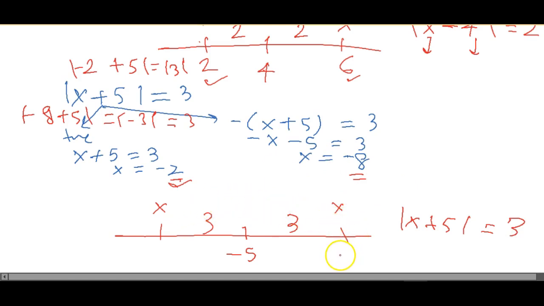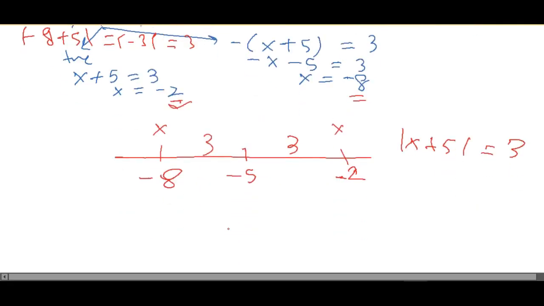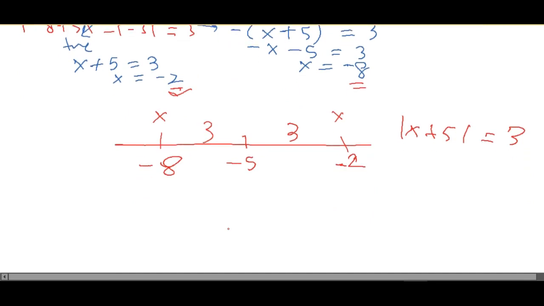When we were talking about the positive value, we got minus 2. And when we are talking about the negative value, we got minus 8. So minus 8 is at 3 units of distance from minus 5, and minus 2 is at 3 units of distance from minus 5. This is the manner in which we should understand the modulus function, that is the absolute value function: what is the distance we are talking about.